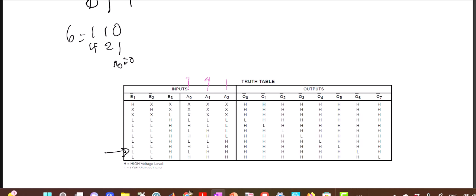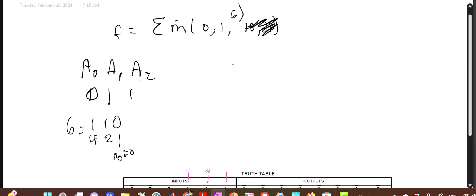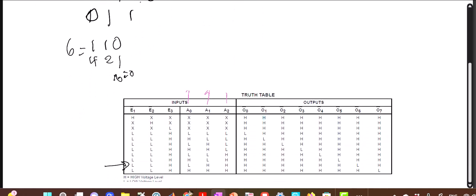What that corresponds to is that output 6 is low, and the other outputs are all high. So if the sum of our minterms is the function that has 0, 1, and 6, we're looking for either output 0 to be low, output 1 to be low, or output 6 to be low. If any of those are low, then we are good to go.